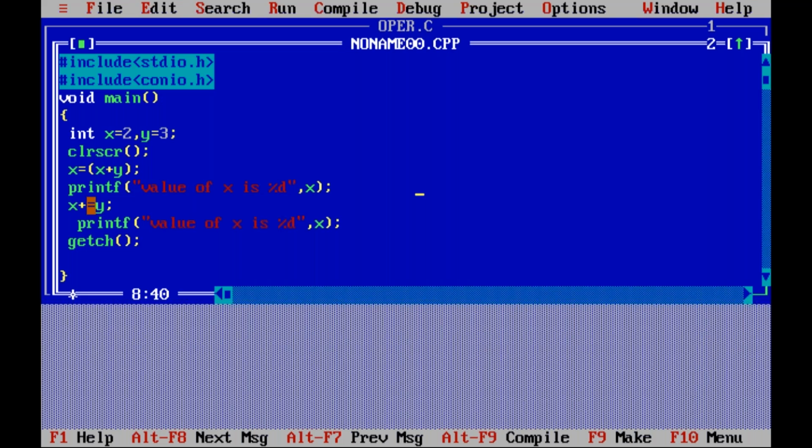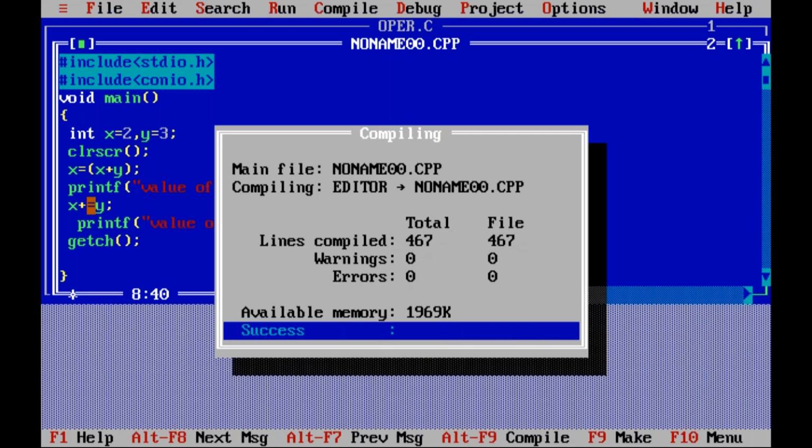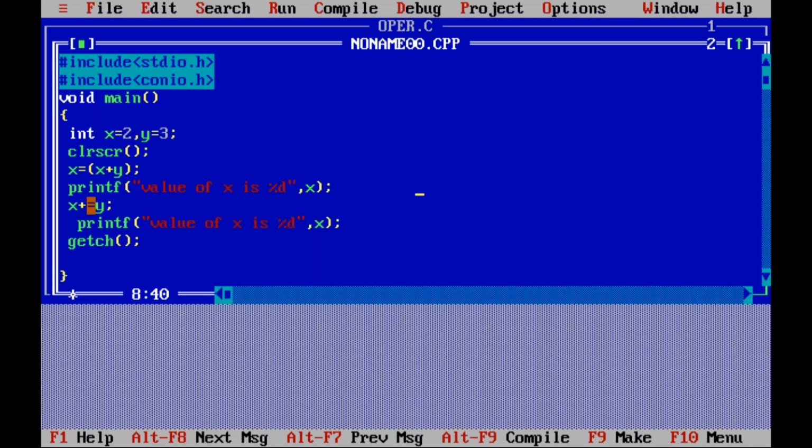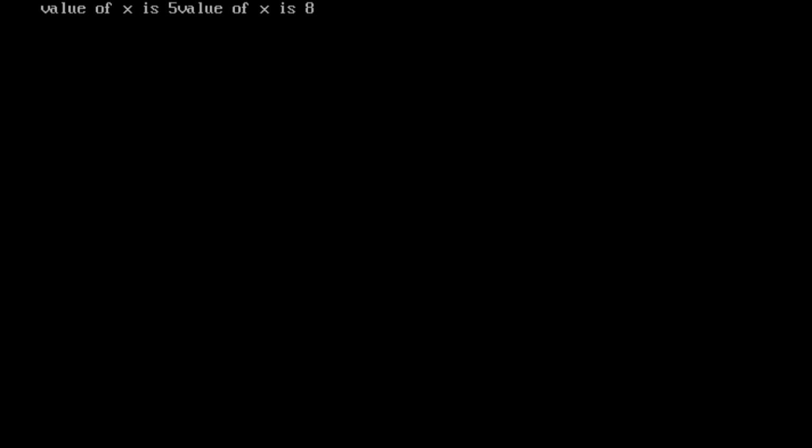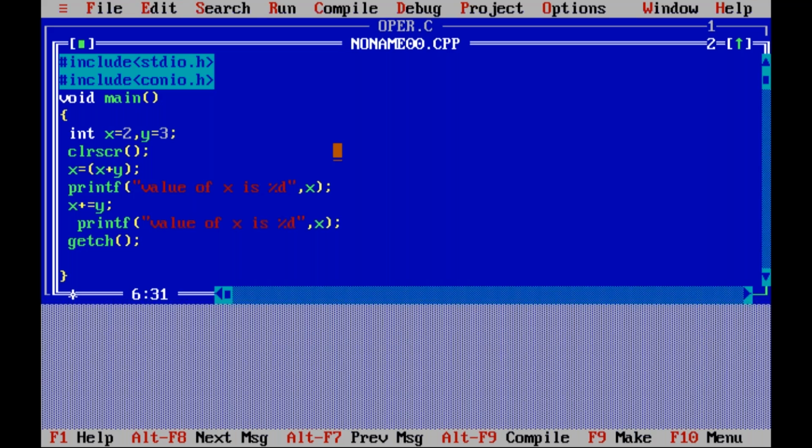We will compile the program. No errors. I will run it. Is this okay?